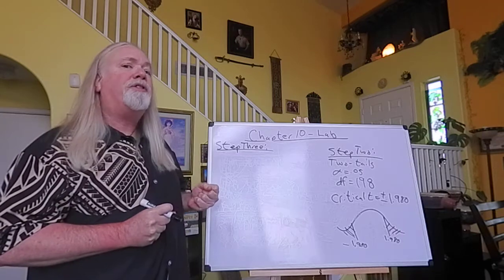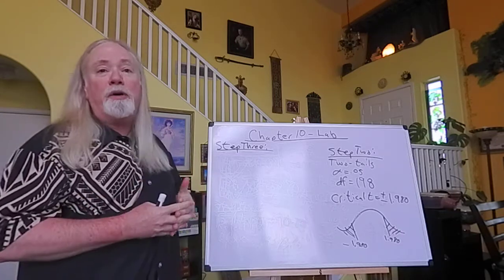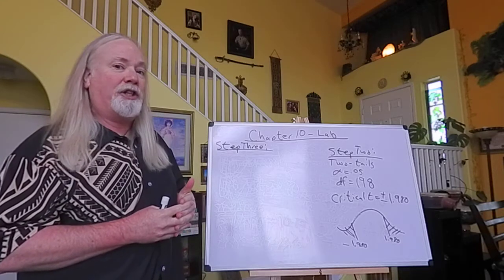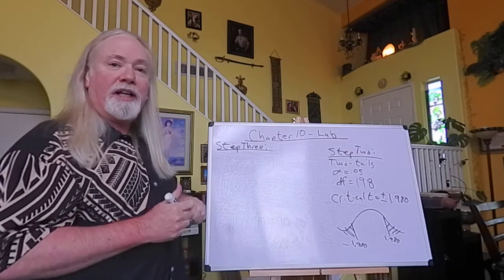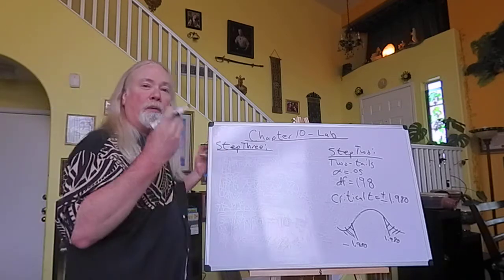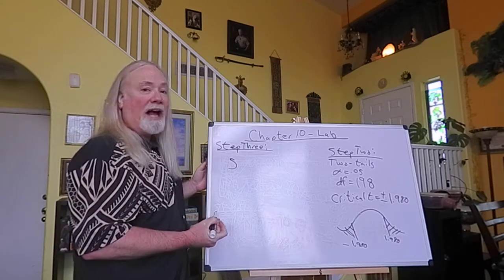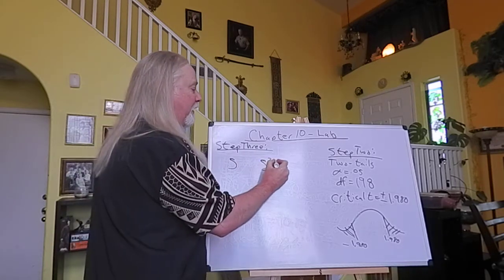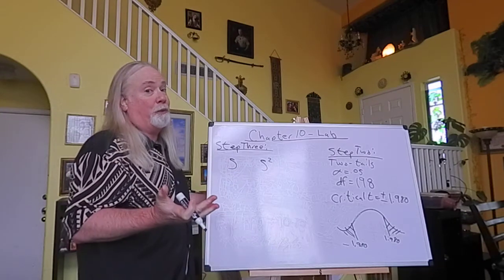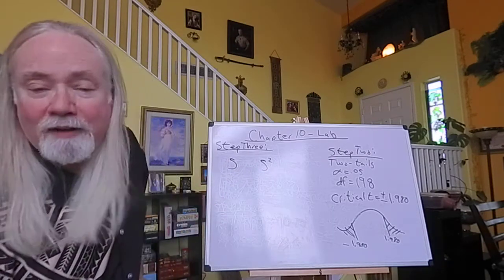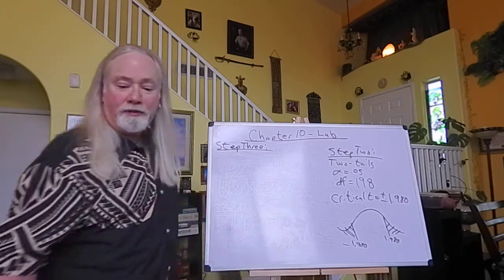But the trick here, of course, is that they gave us standard deviation, and we're not using standard deviation anymore. So how do we convert standard deviation into variance? Well, if we can remember the symbols and the names of the symbols, standard deviation is this S, and sample variance is S squared. Well, how do you turn S into S squared? You square it, right?